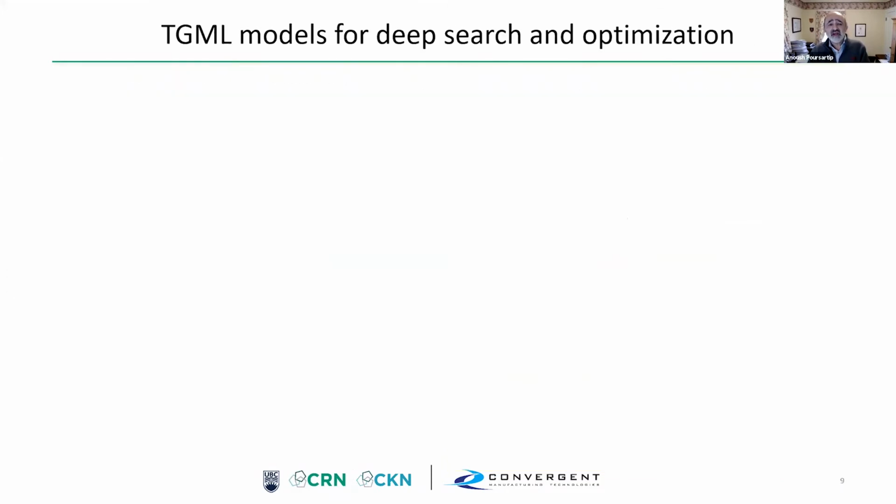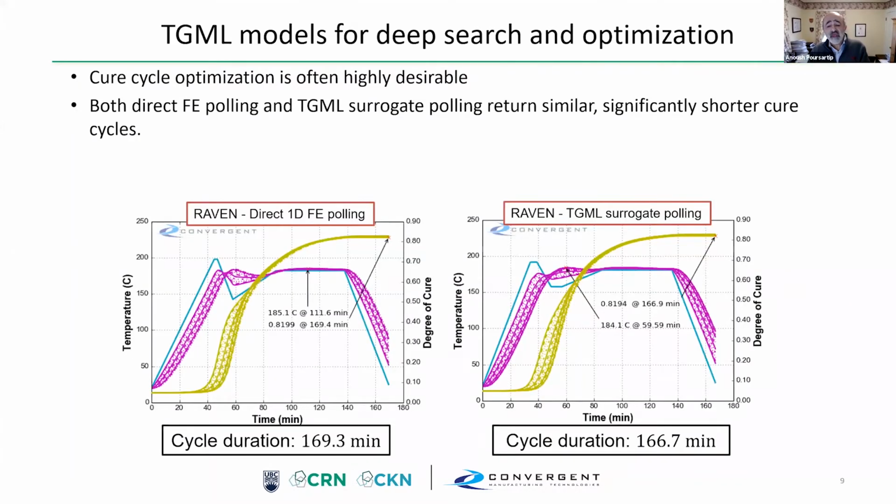The value of these kinds of surrogate models comes out when you try to, for example, do optimization. We're always trying to shorten the cooking cycle, the cure cycle for our products, because they can take a very long time. So if I compare, on the left, I have direct finite element numerical modeling. On the right, I have a surrogate model.